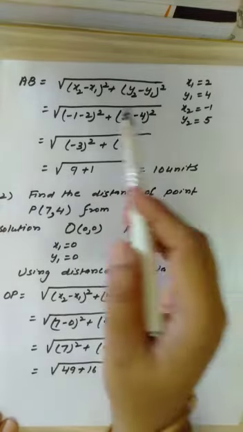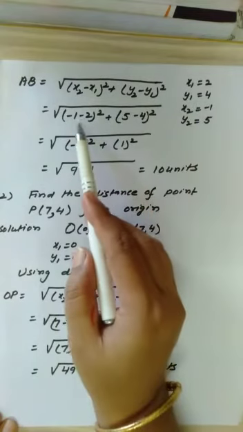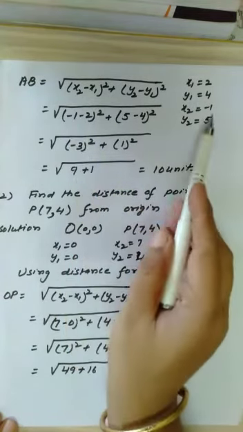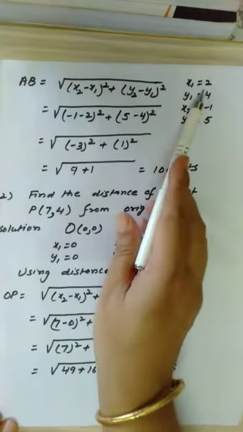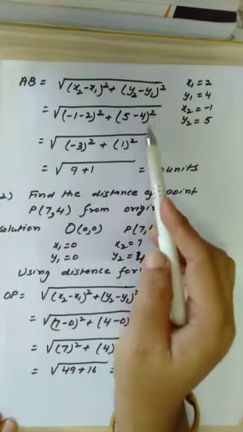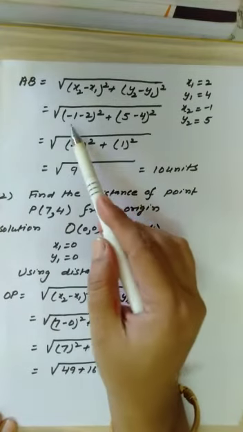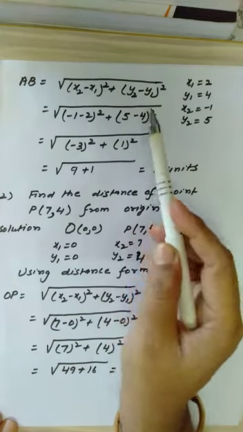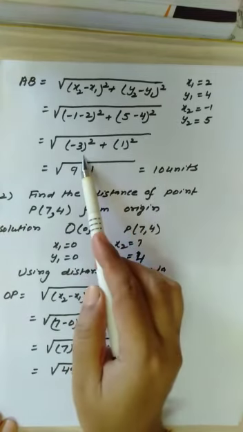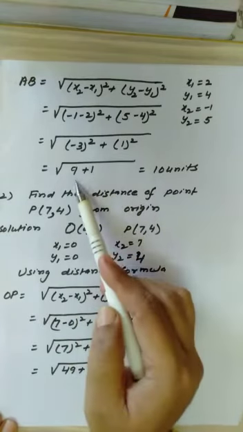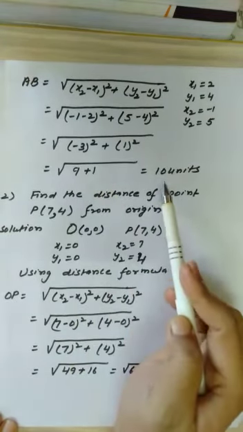So let's substitute the values. x2 minus x1 is minus 1 minus 2, whole square, plus y2 minus y1 is 5 minus 4, whole square. So it becomes minus 3 whole square plus 1 square. 9 plus 1 is equal to 10.